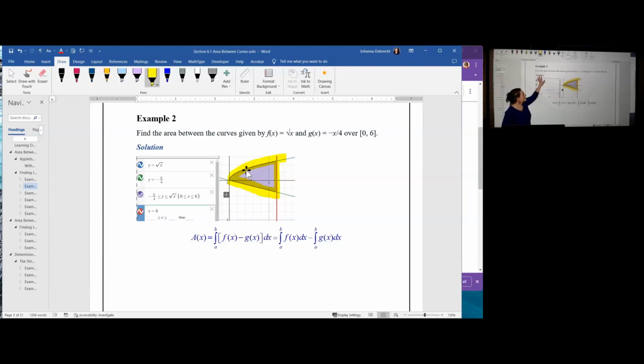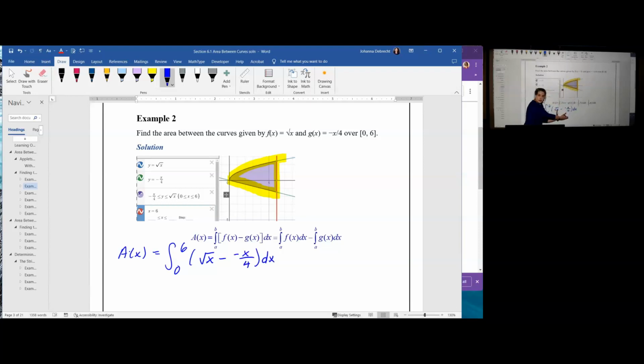Let's now go ahead and find the area between these two curves by integrating. In this case, what we can do is say that the area between the curves f and g is the integral from 0 to 6 of the upper function, the square root of x, minus the lower function, negative x divided by 4, dx.